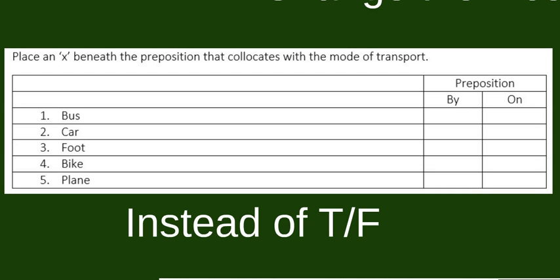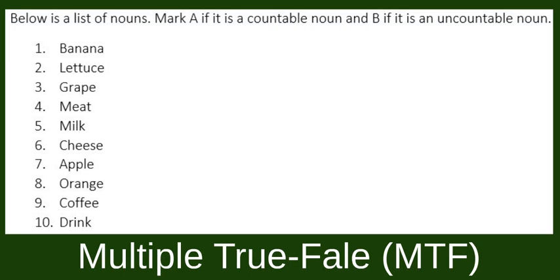A variation is to create some sort of table like this, and then in this case have them choose between by and on. So in this case, by goes for everything except foot. You go on foot. Another choice is to do something more like this, multiple true false.